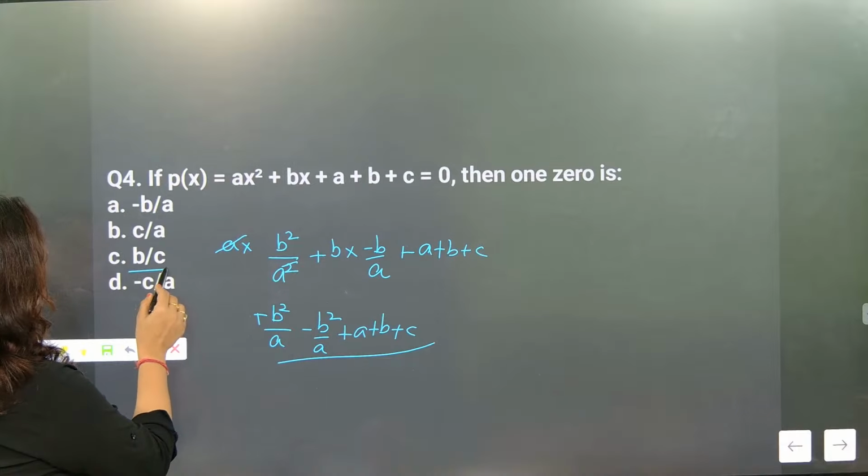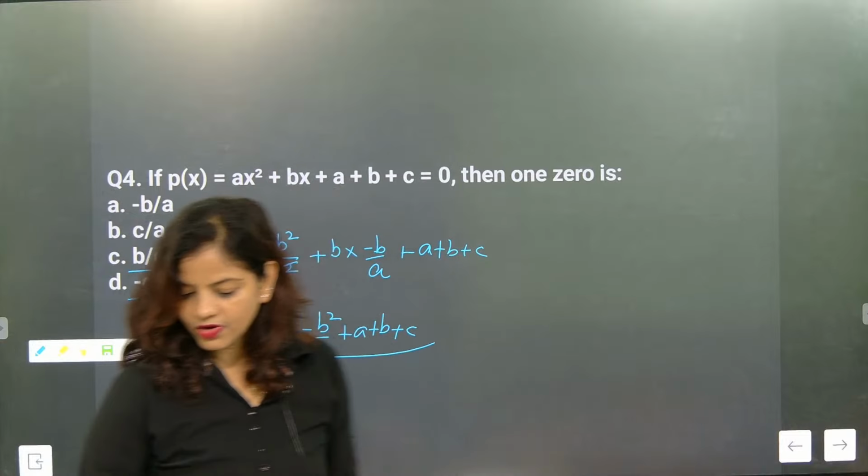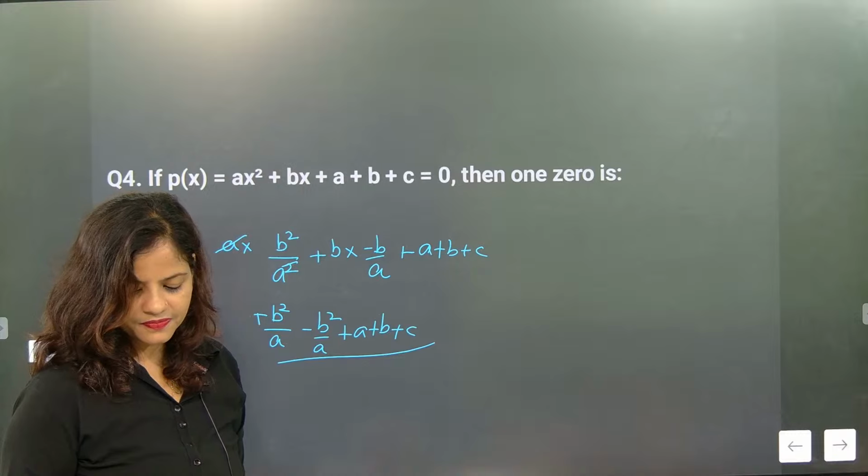Now check this one out. b by c, minus c by a. I gave you the biggest clue. Now you tell me what you have to do. Now check which one is exactly going to be true.